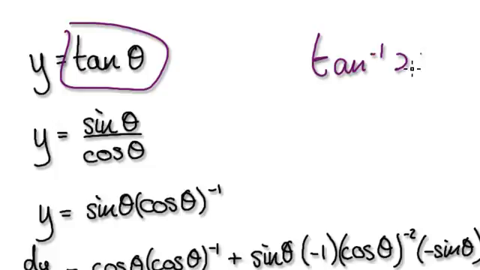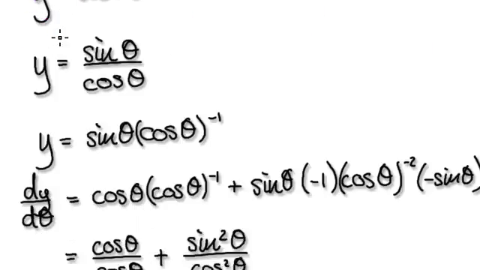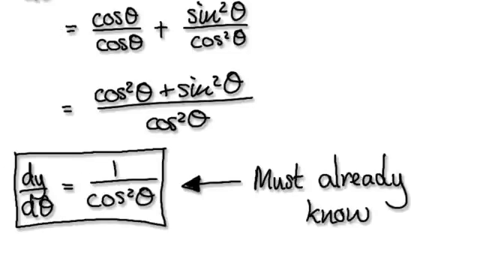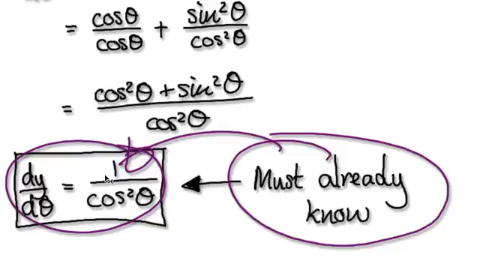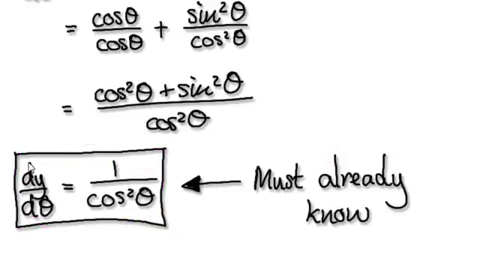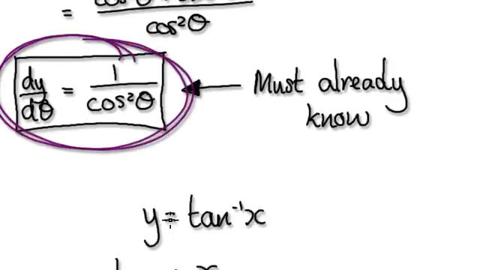Differentiating the normal tan would give you this, and you must already know this. You have to memorize this. Once you know this, we can then use it to differentiate this.